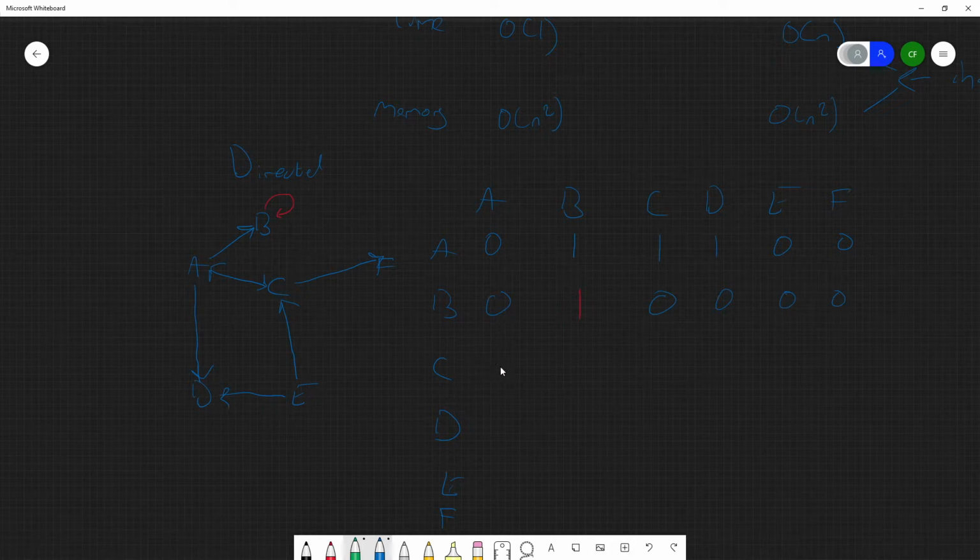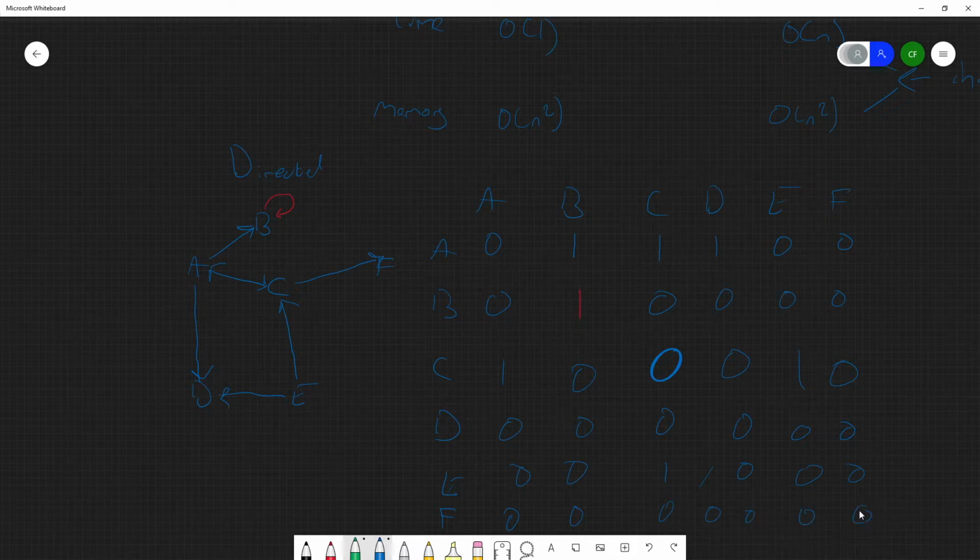C goes to A, it goes to F, and that is it. D goes nowhere. E goes to C and D. And F goes to nowhere.